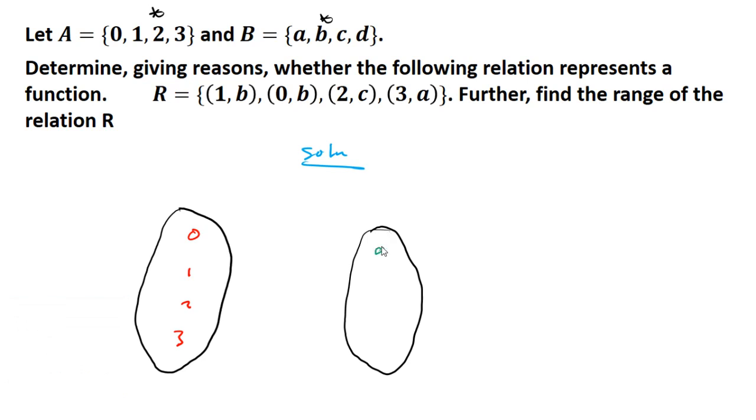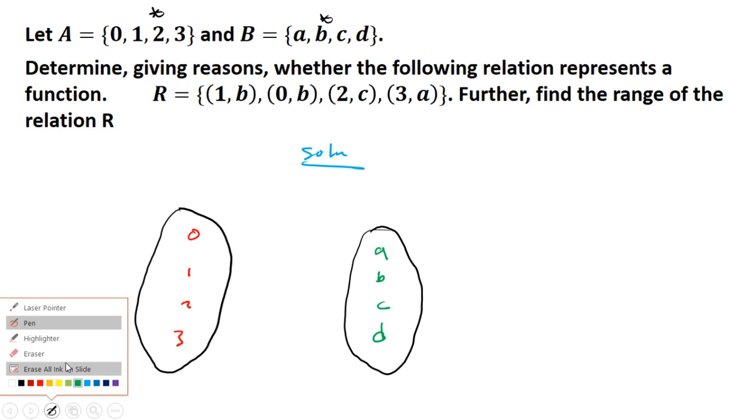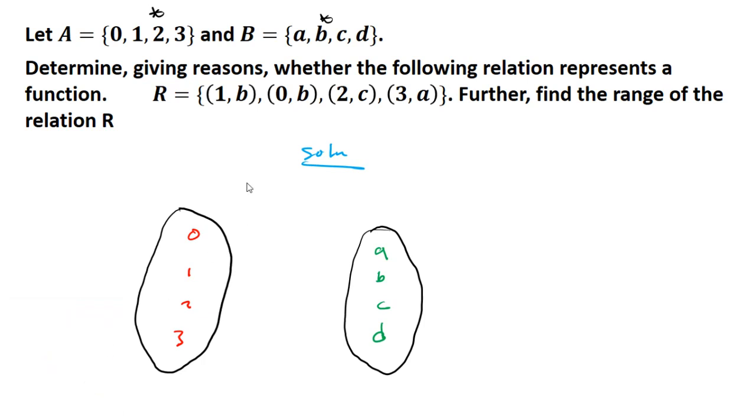Then the outputs we have are A, B, C, D. We have been asked to determine whether this relation is a function or not. For us to determine that, we need to be able to sketch. So this is set A, remember we have been given the names, and this is set B. Now you can pick from there.